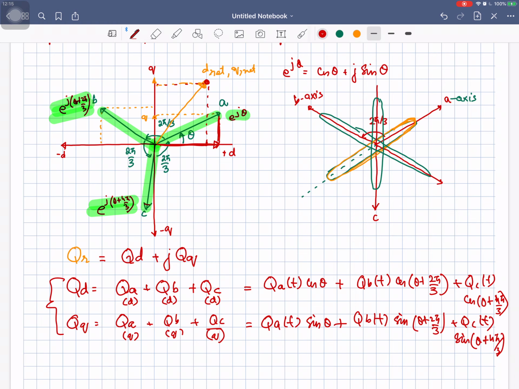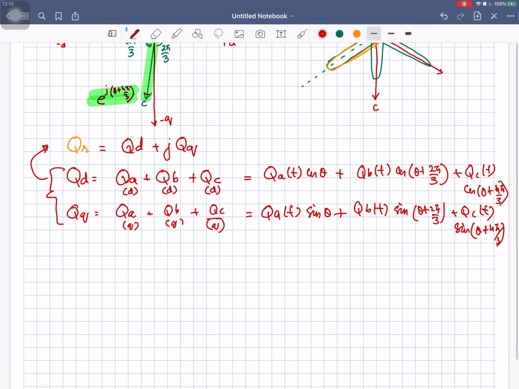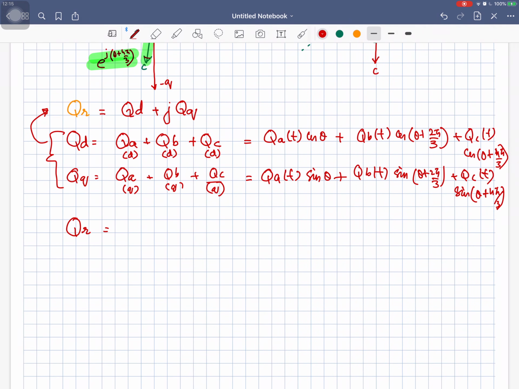And then with the help of these two, we can write down the resultant vector. Okay, so QR, the resultant vector, can be written like that. If you look at these two parts, if we sum them and consider the q axis as the imaginary axis, I can write it like this: Q A into e raised to power j theta, plus Q B and plus Q C. So Q B will be multiplied with e raised to power j theta plus 2 pi by 3, that's the position vector of phase B, and Q C will be multiplied with e raised to power j theta plus 4 pi by 3, that you can observe over here.